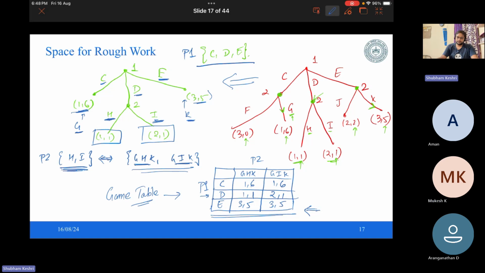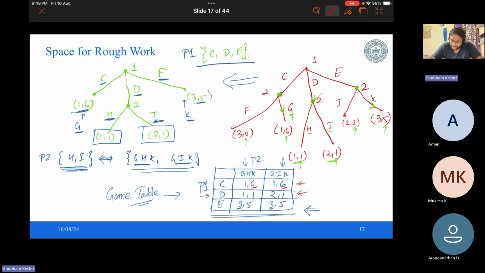Yeah, okay. Now you can just use the idea of Nash equilibrium. You see, when player 2 will play this, player 1 is better off playing E. When player 2 is playing this, player 1 is better off playing E. Check. When player 1 is playing C, player 2 can play any one of the strategies.